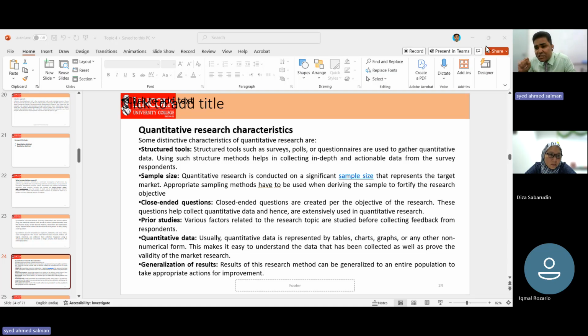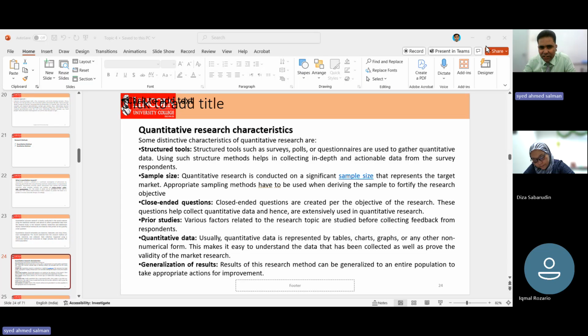The tools are very structured here. You cannot say the tools are unstructured. There is a questionnaire, right? How are you going to develop the questionnaire? You should develop the questionnaire, and only then are you going to send it, right?